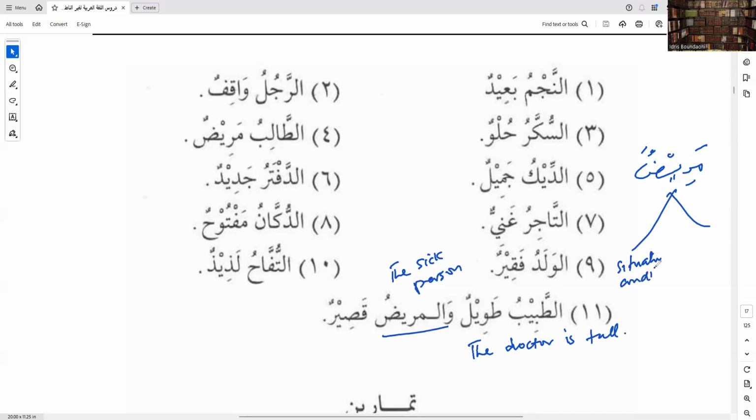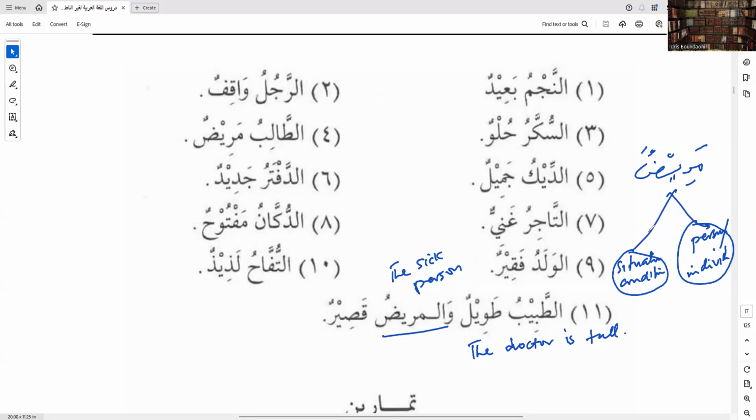It can mean the condition, or it can mean the person or the individual. So when you say أنا مريض, it means you are talking about yourself. But the marid can be the condition, like the sick person. Al-maridu, the sick person, right?